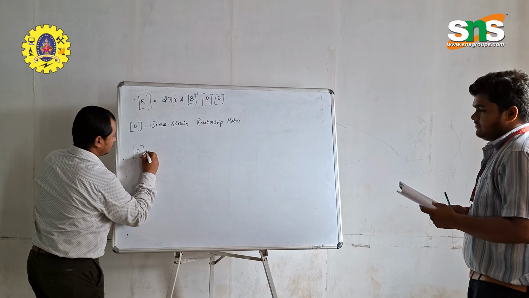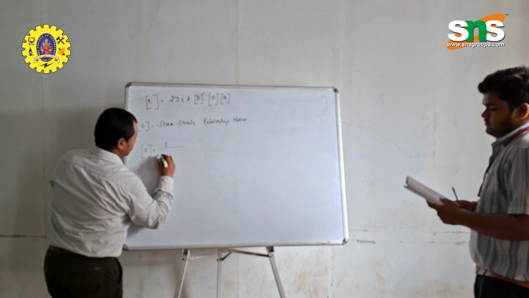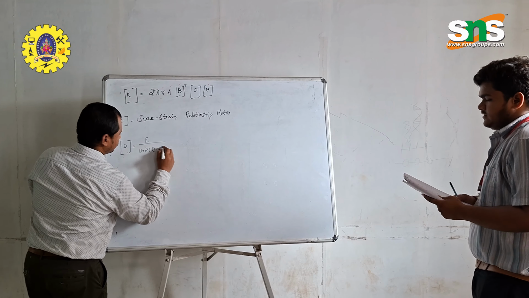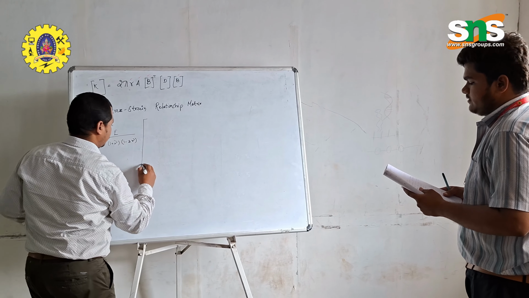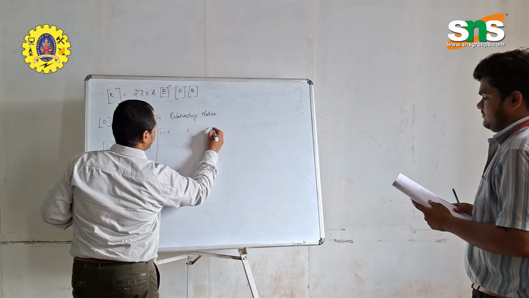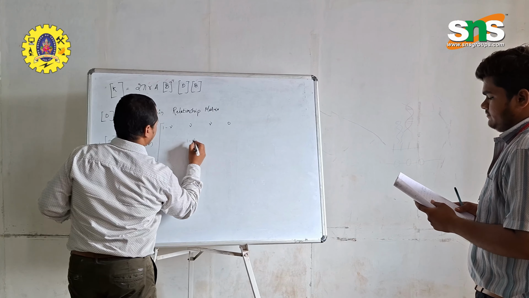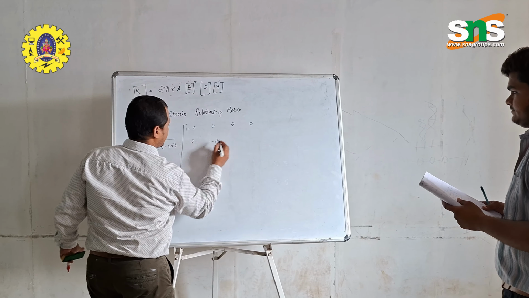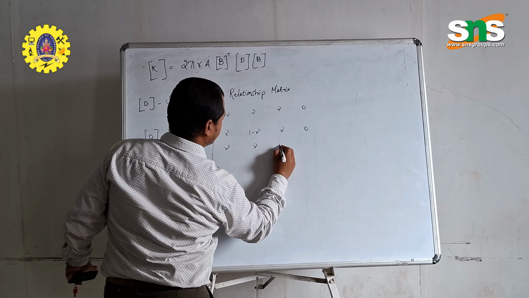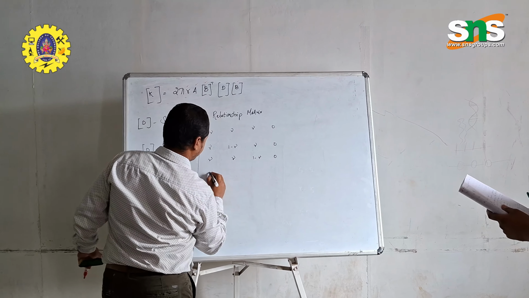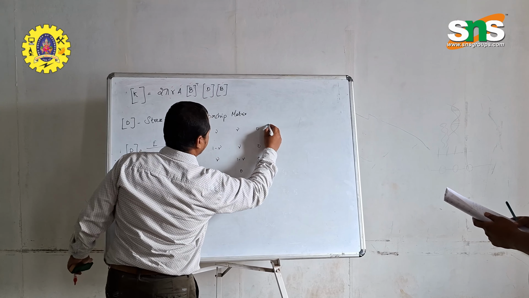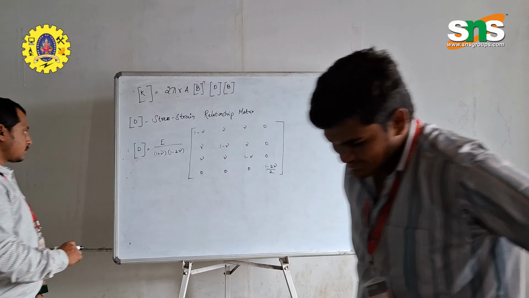E divided by (1 plus gamma)(1 minus 2 gamma), times the matrix with 1 minus gamma, gamma, 0; gamma, 1 minus gamma, 0; and 0, 0, (1 minus 2 gamma) divided by 2. Yes, good.